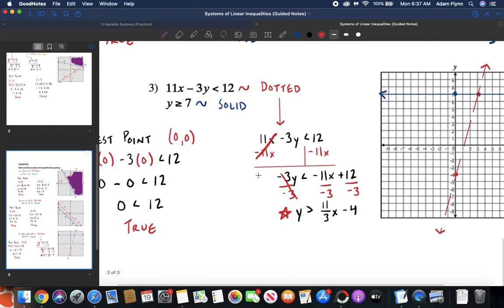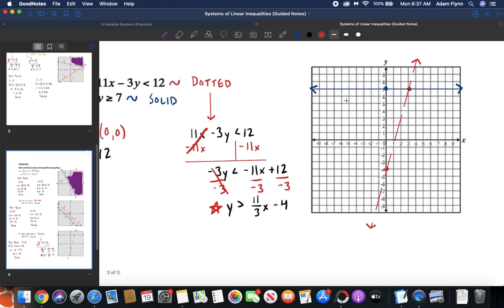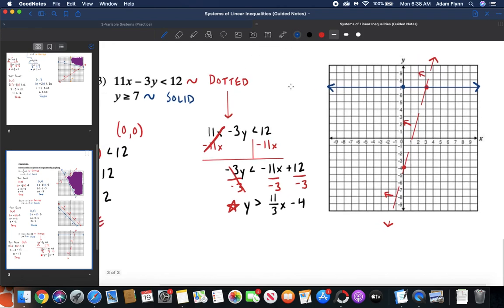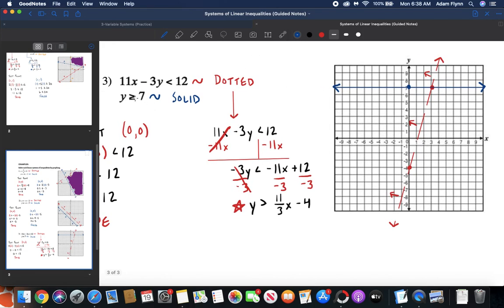Okay, so I'm going to go over to my red line. Red line kind of splits this into a left section and a right section. 0, 0 is true, so I'm going to shade the side that 0, 0 is on. Okay, now I'll do my blue line. For my blue line, this tells me that I'm looking for any number that is greater than or equal to 7.